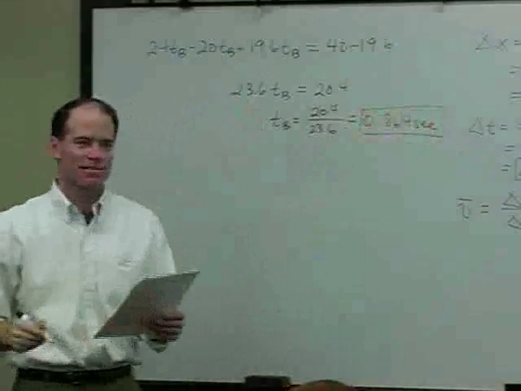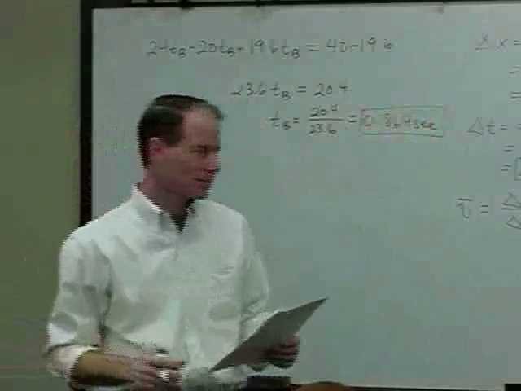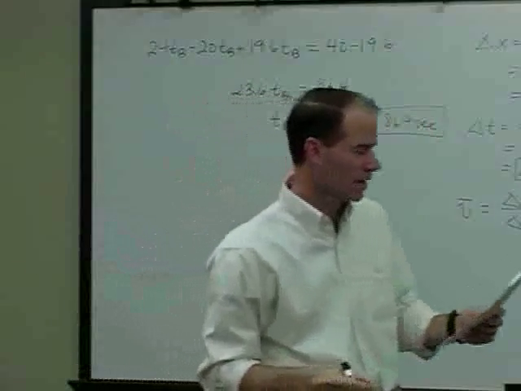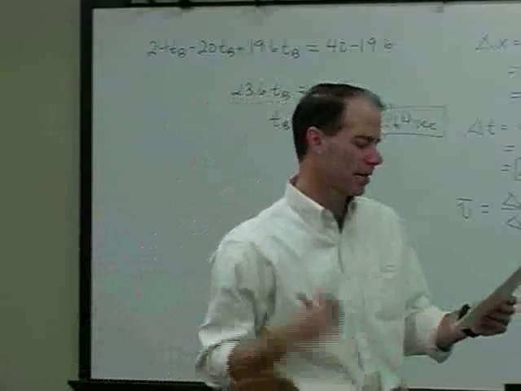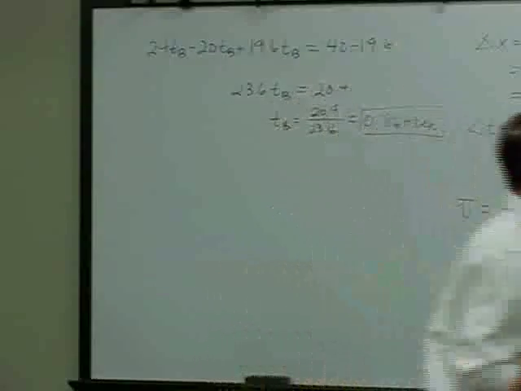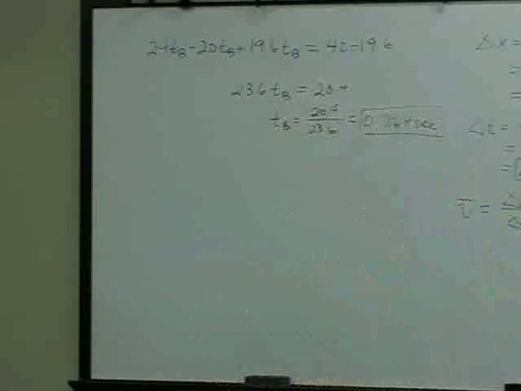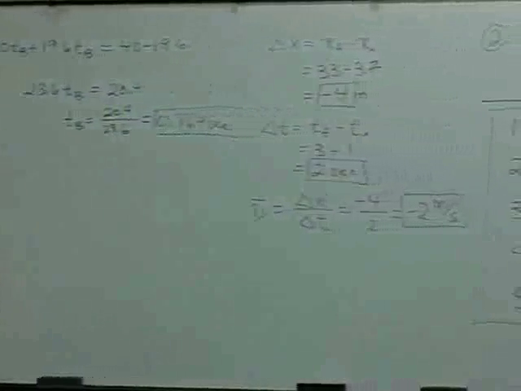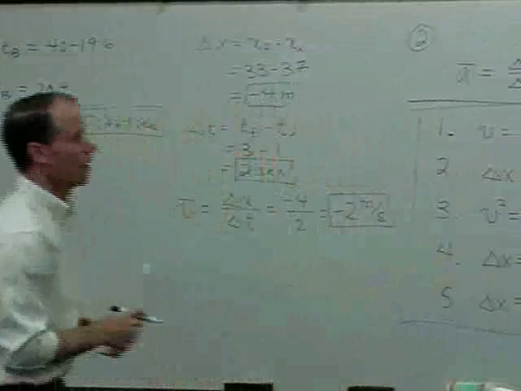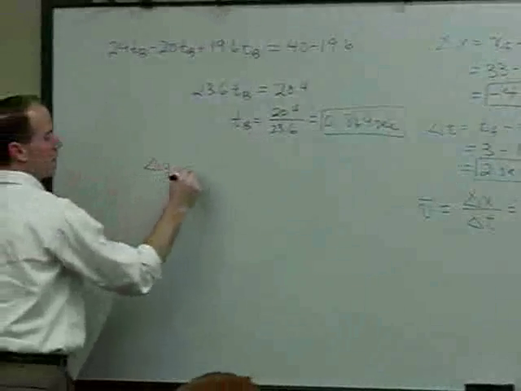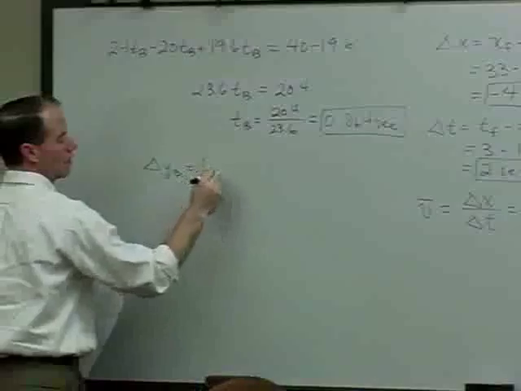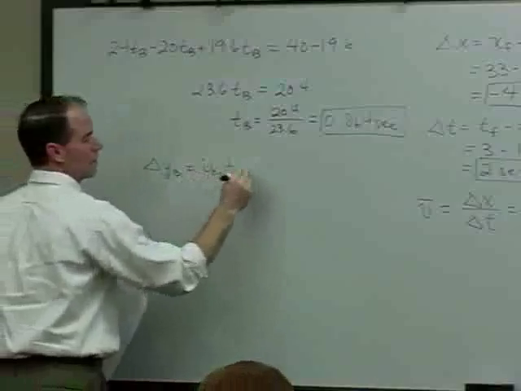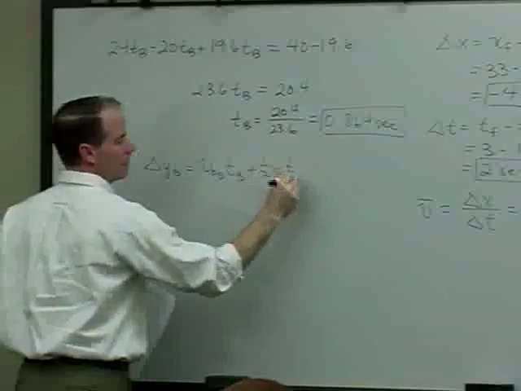Nice to know, but we still haven't solved the problem yet, because the question was, at what height do the two pass each other? And so we really want to find delta YB in a sense. So delta YB is initial velocity B times time B plus 1/2 acceleration times time of B squared.